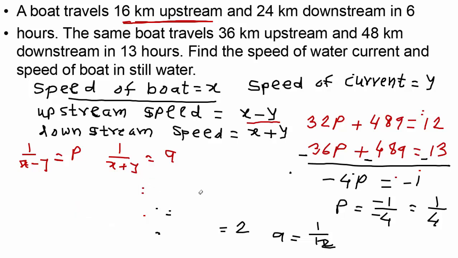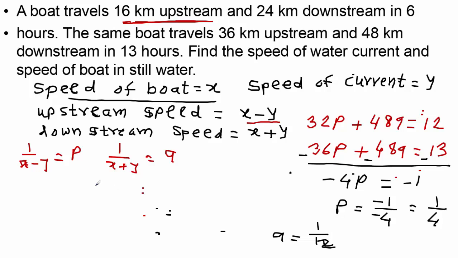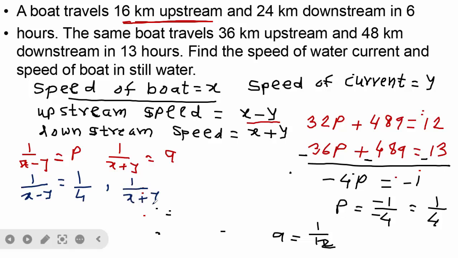Now, I shall put these values in the assumed p and q. p is 1 by x minus y. Therefore, 1 divided by x minus y equals 1 by 4. And q is 1 divided by x plus y. Therefore, 1 divided by x plus y equals 1 by 12.